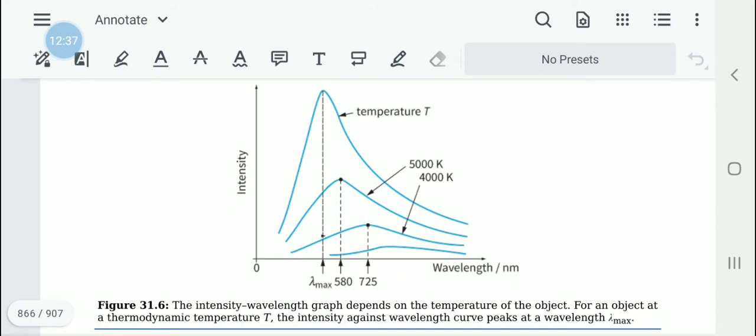It has been shown experimentally that the intensity wavelength graph depends on the temperature of the object, and the intensity against wavelength curve would peak at a wavelength of lambda max.